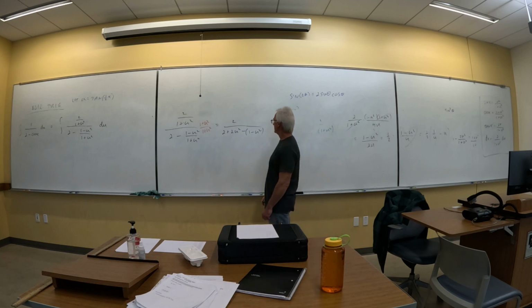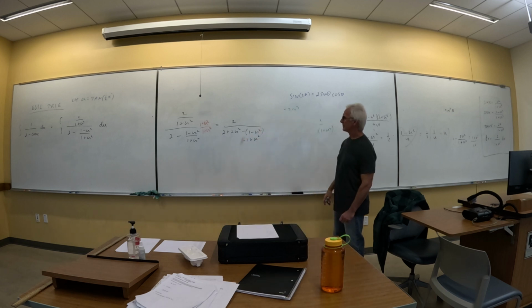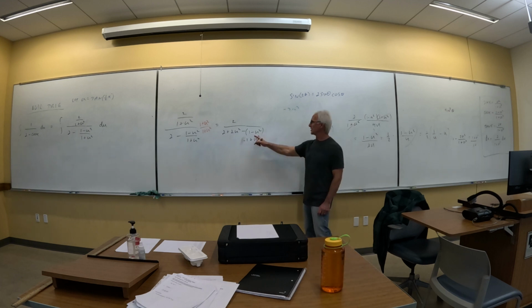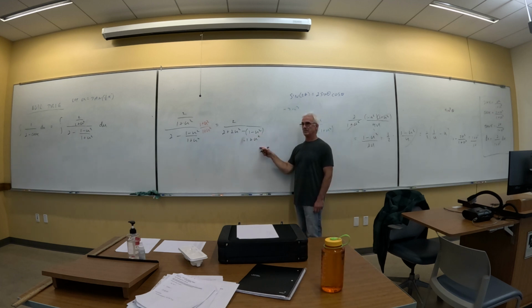Can I clean this up? Won't that be plus, I'm sorry, minus 1 plus u squared? Yes, no, maybe? I'm subtracting the quantity 1 minus u squared. So is that right?